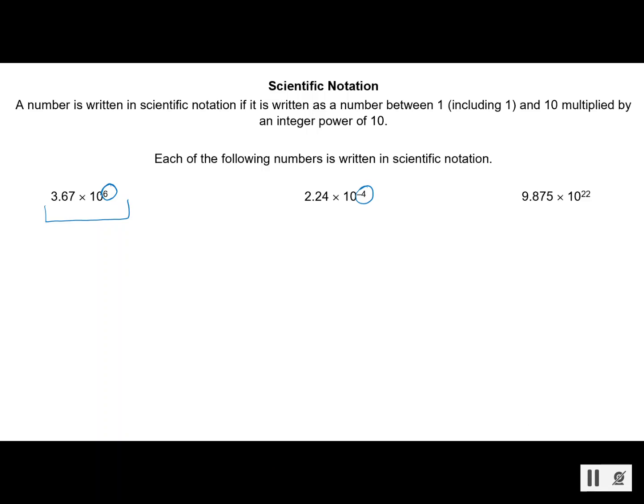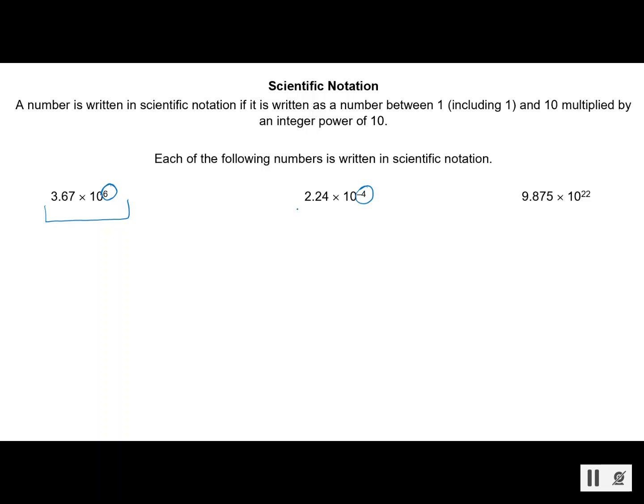So anytime I multiply a number by 10, it moves the decimal place in that number one place to the right. If I multiply a number by 10 squared, it moves the decimal place 2 places to the right. If I multiply a number by 10 cubed, it moves the decimal place 3 places to the right. So a positive exponent of 10 causes me to move the decimal place that many places to the right, which essentially makes our number bigger.